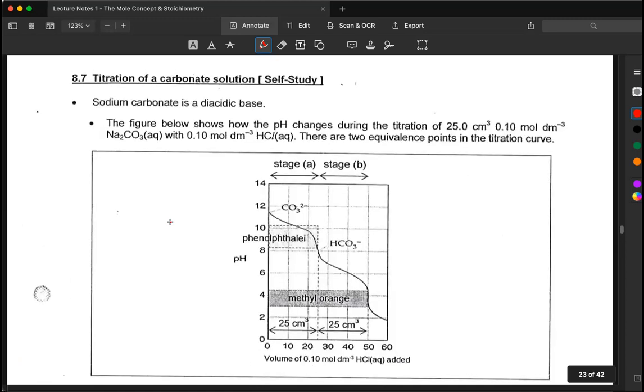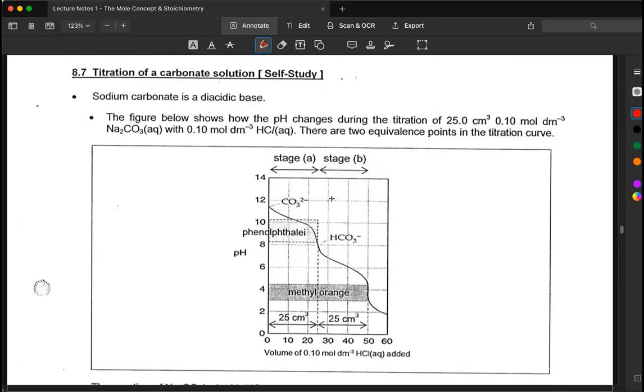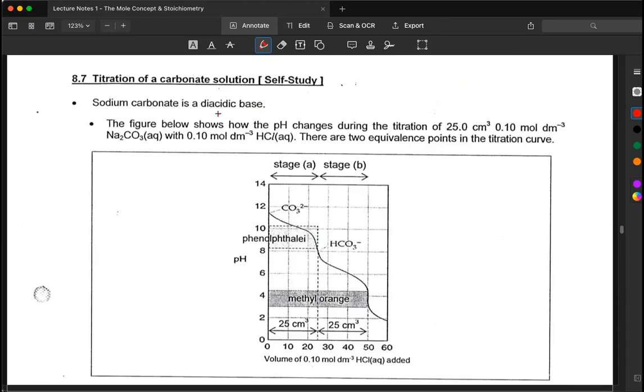Now, titration of the carbonate solution. Sodium carbonate is an example of a diacidic base, because it reacts in 2 steps. It means that it requires 2 moles of H+ to react with it.